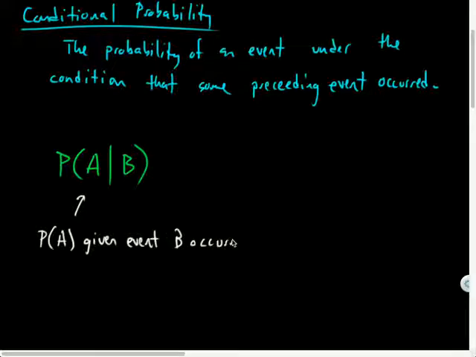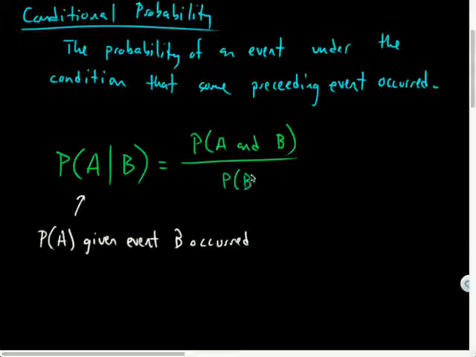You just read that as P of A given B. And what that's going to equal is you find the probability of A and B occurring, like a both situation, and you put that over the probability of B. And there's one stipulation that P of B cannot equal 0.